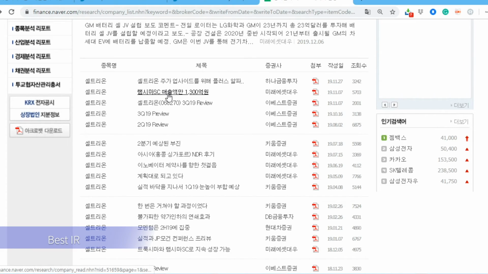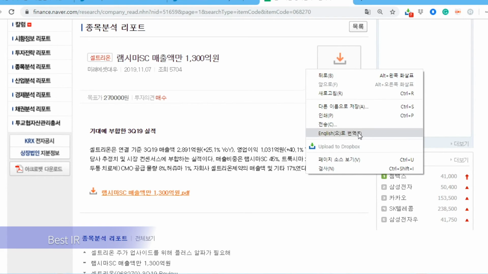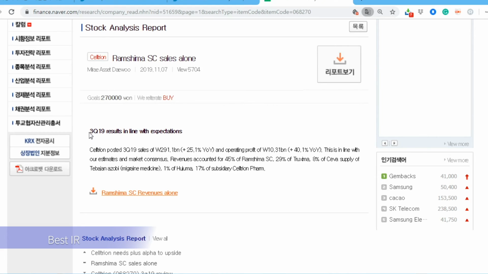I want to check out this one too. Mirae Asset. So I guess it met expectations. Remsima, it's Celltrion. So their earnings were in tandem with consensus.